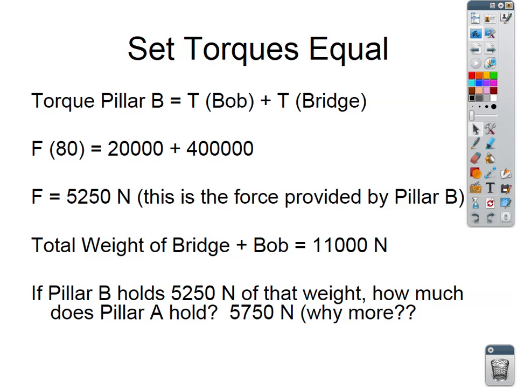If pillar B holds up 5,250 newtons of this weight, how much will pillar A hold up? 5,750 newtons. The question there is, why does pillar A hold up more weight? Why don't they hold up equal weight? They're both pillars at the end of the bridge. And it's all because of Bob.